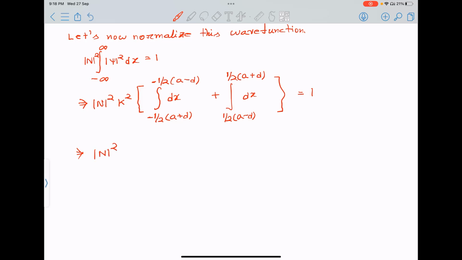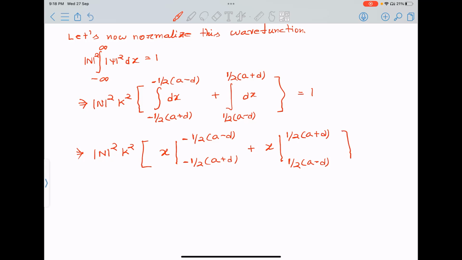So I can write mod n square k square times x. The range is from minus half of a plus d to minus half of a minus d, plus x, the range is from half of a minus d to half of a plus d, and the whole result should equate with 1.